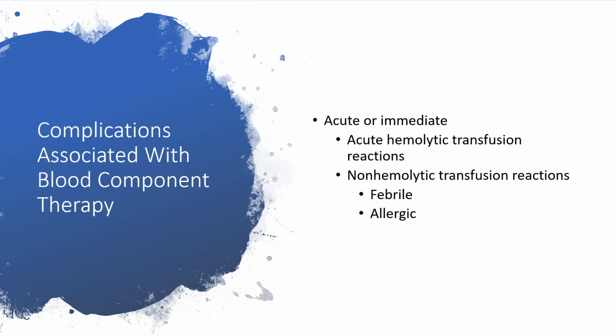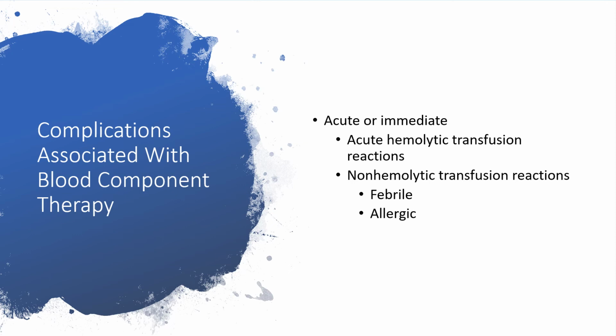So complications associated with blood component therapy could be acute. It could be acute hemolytic or non-hemolytic reactions. Acute hemolytic transfusion reaction is a serious complication that can occur within 5 to 15 minutes of initiation of a transfusion and may cause death if not treated immediately.